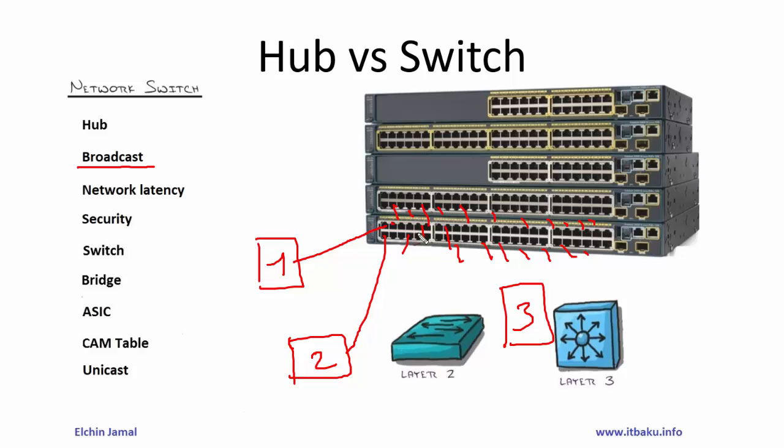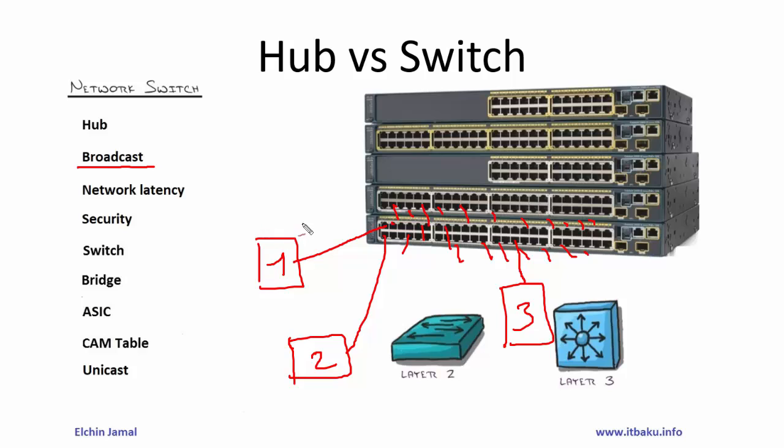The hub receives this information and transmits it to all its ports, until the computer connected to some port receives this information. And if this device is going to send the information back to computer 1, the same procedure happens again. That's how a hub works.